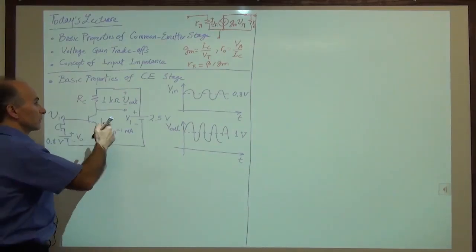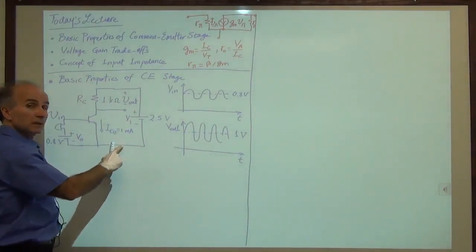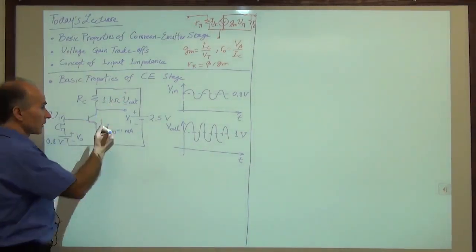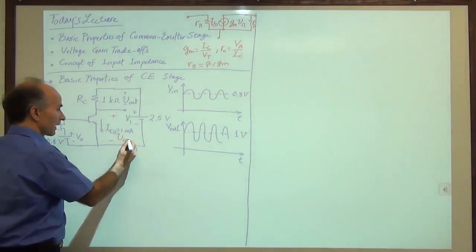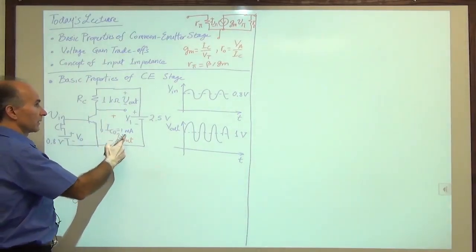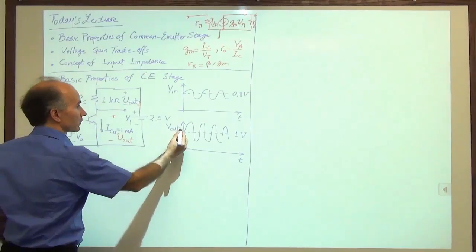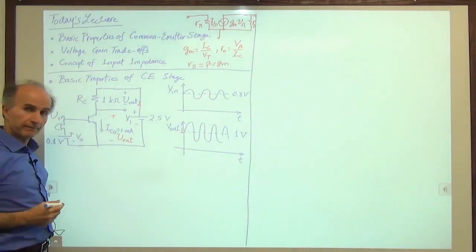So the output voltage, we will measure it from here to here, not from here to here. Okay? So we will call this V out. And just to make sure that there's no confusion between this V out and this V out, I will call this V out 1. Here's V out 1, and that's what we saw. This is just V out.